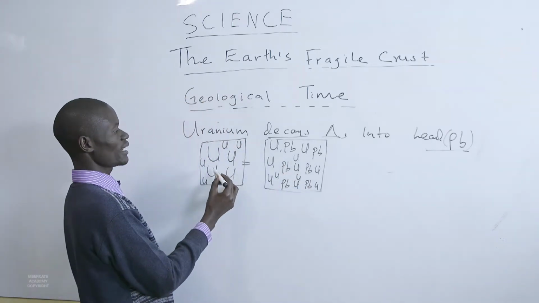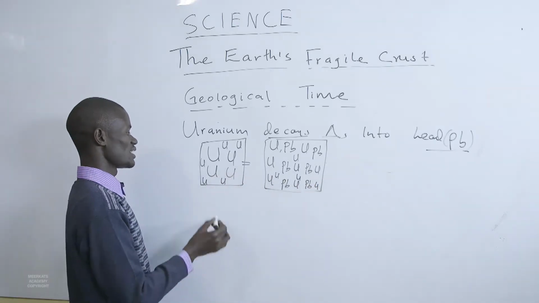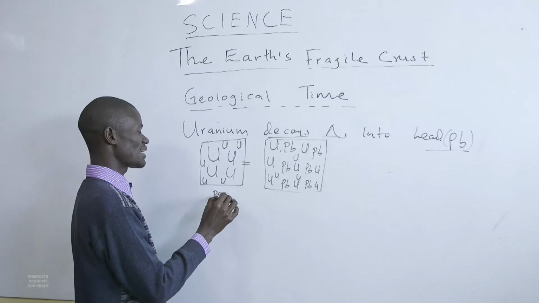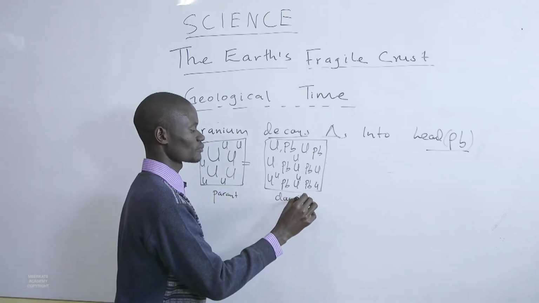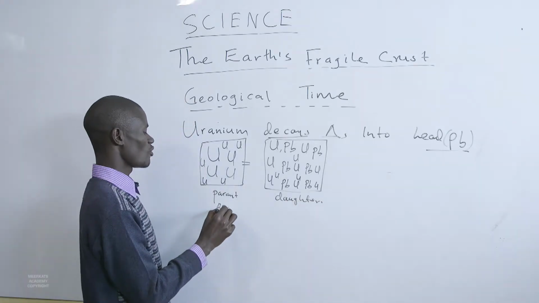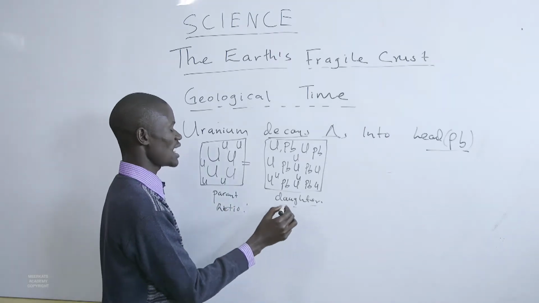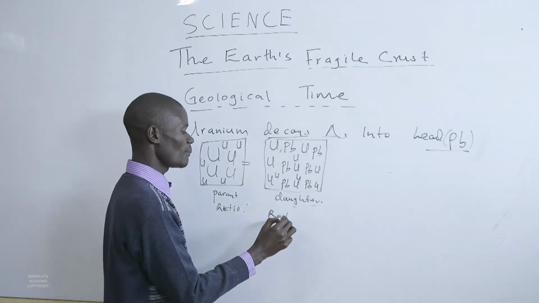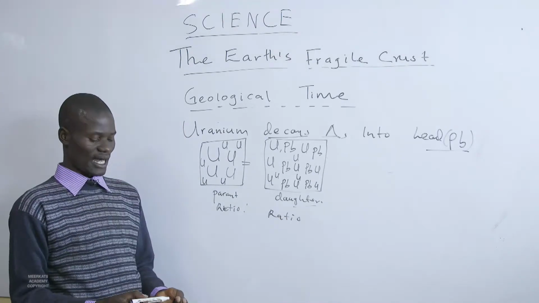When you compare this ratio and this ratio, this represents the parent isotope and this is the daughter isotope. We look at the ratio of the parent isotope and compare it with the ratio of the daughter isotope. When we compare both ratios, we come up with an age.